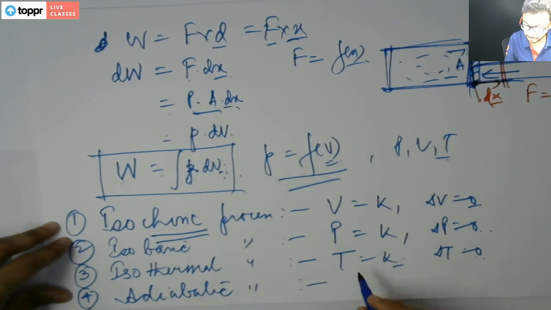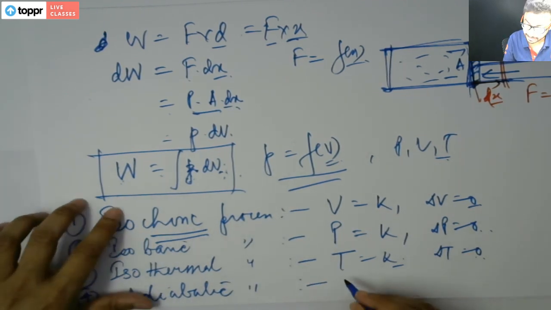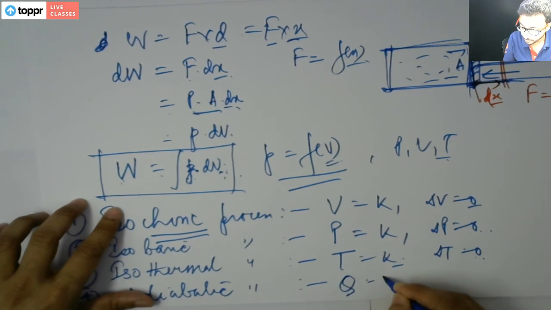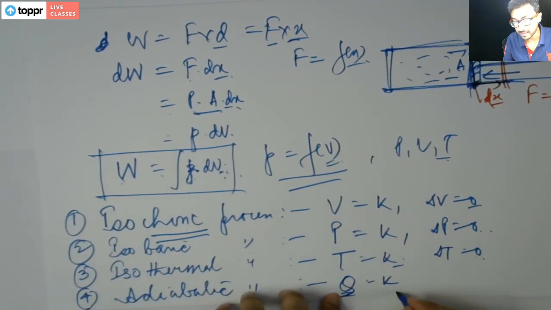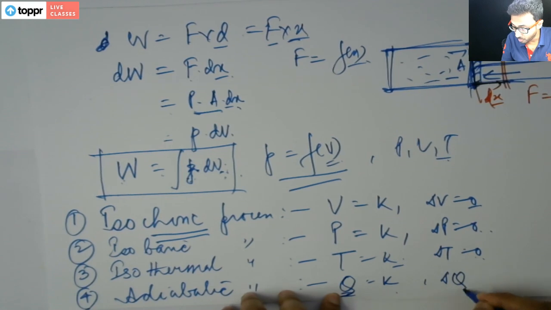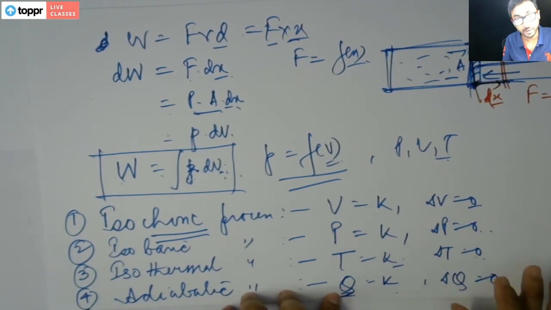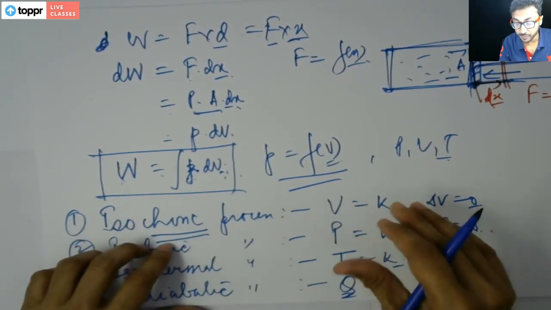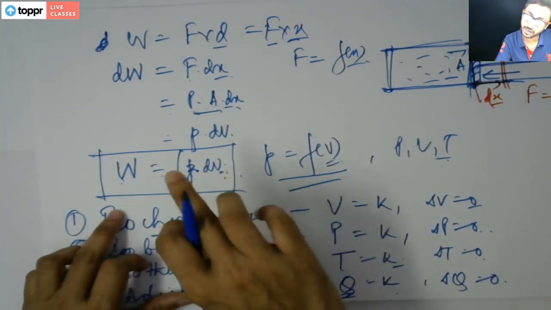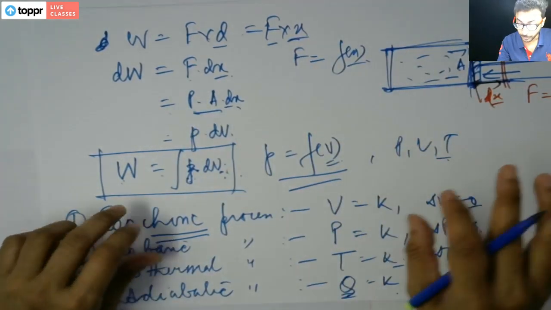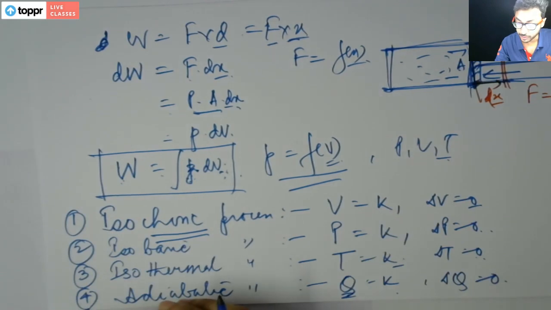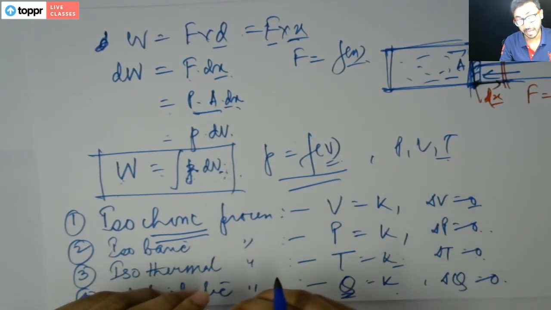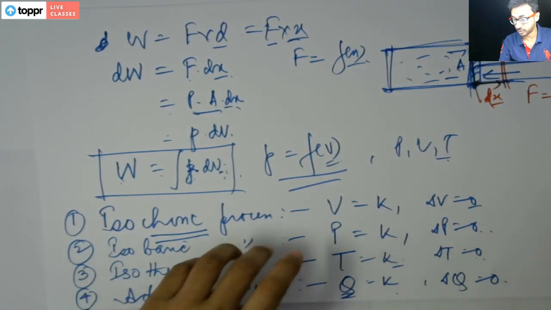I think this is a new term, where there is no exchange of heat, that is the heat content within the gas is constant. Got it? We'll try to explain each of these processes and how they affect the work done, and also del Q and del U, all the variables. There can be some other processes too.